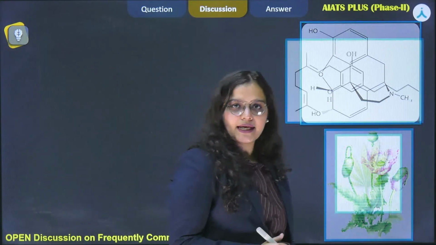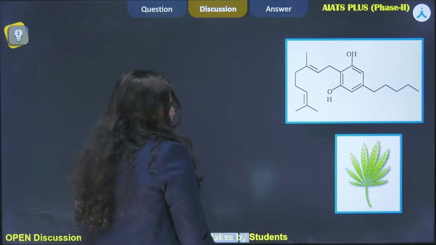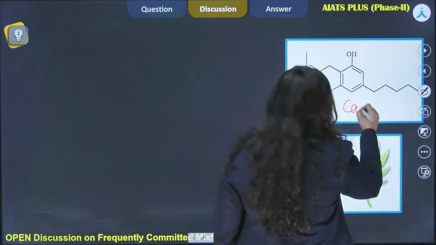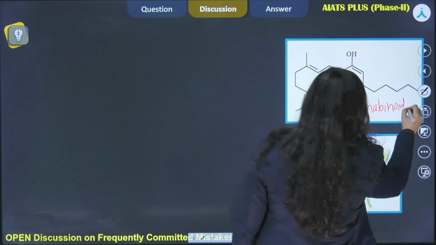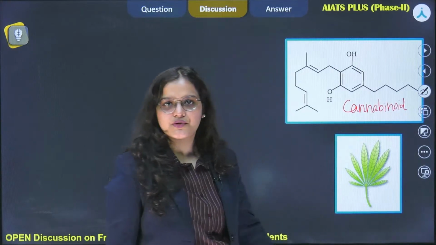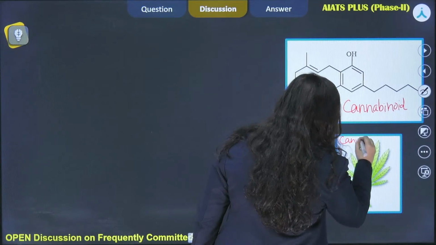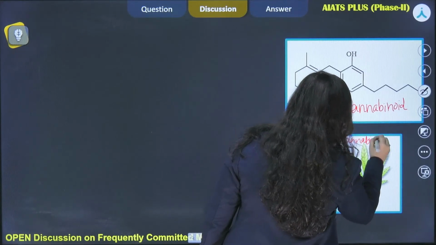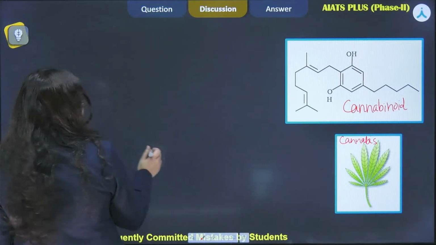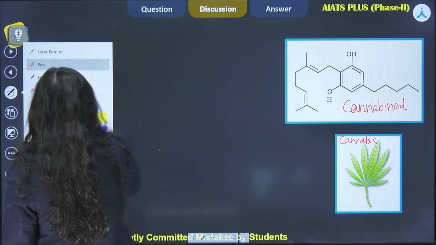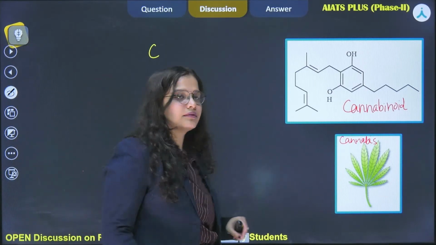Moving on to our next category, the molecule that you see here is the cannabinoid molecule. And the plant that you see here is a leaf, and it is a leaf of the cannabis plant. So basically, cannabinoids are naturally occurring substances in the cannabis plant.